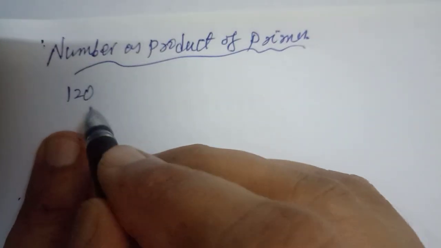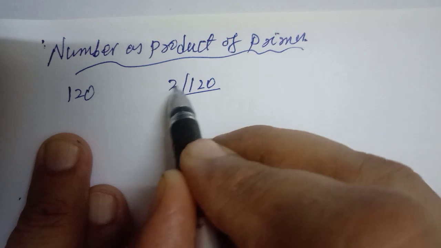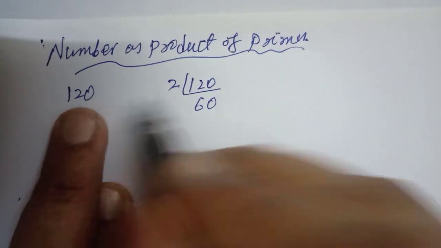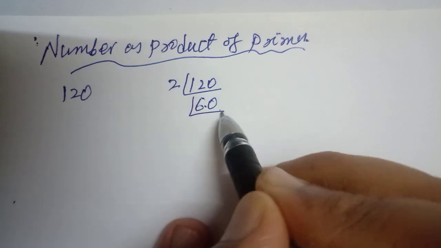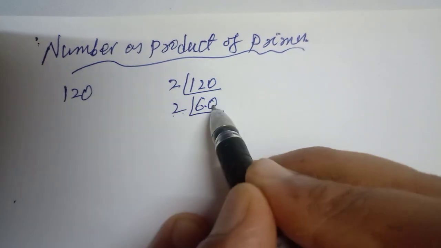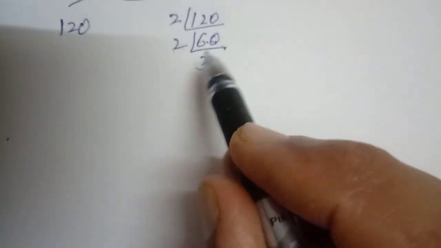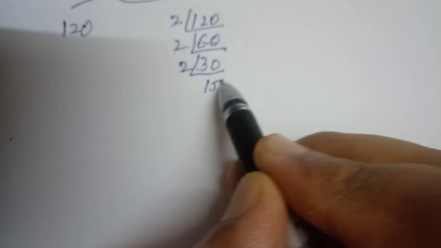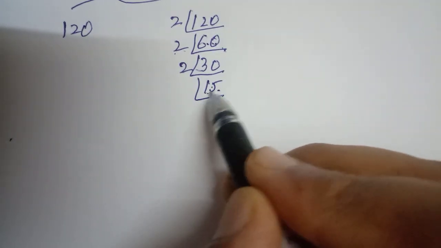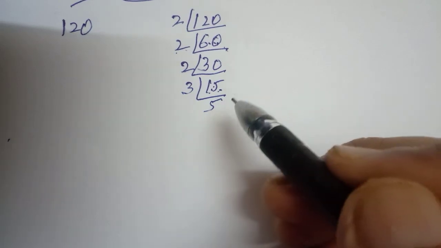How to write 120 as a product of primes? First we will find the prime factorization for this. As it is an even number, we can divide it by 2. So we get 60. When you divide this once again, this is an even number, 60, so we get 30. 30 is an even number, 15. 3 fives are 15.